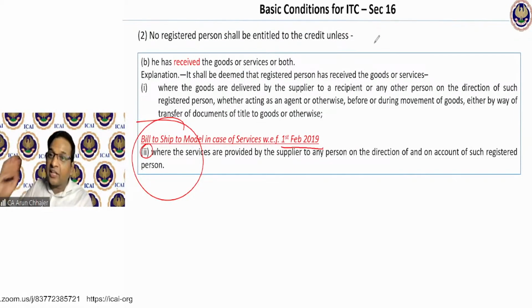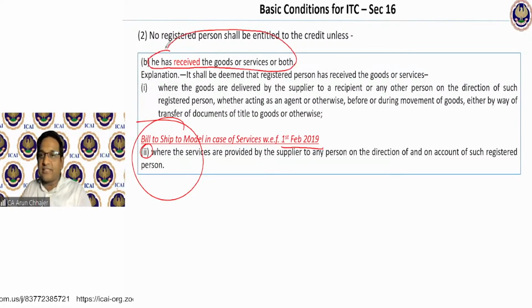It was not there in the law since the beginning. What is the condition? He has received the goods or services. I am a recipient, so I can take the ITC first when I have the tax invoice, point number one. It should appear in my GSTR2B, point number two. Point number three, that the goods or services should be received by me.